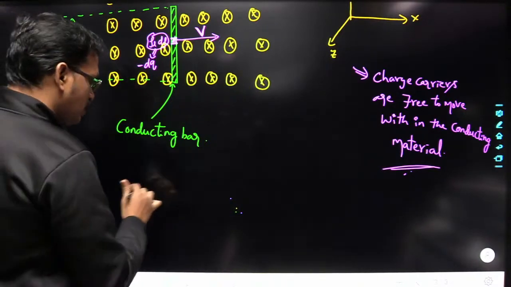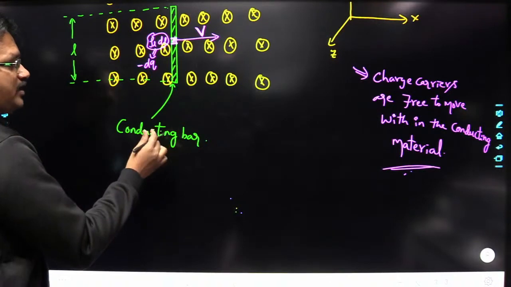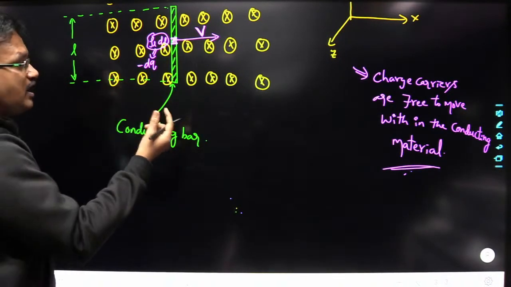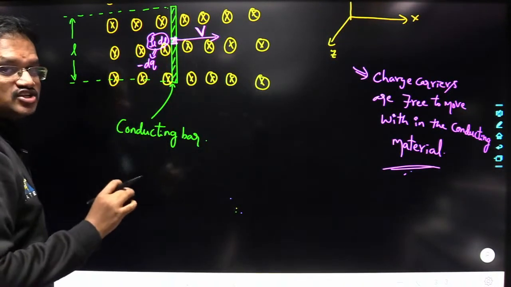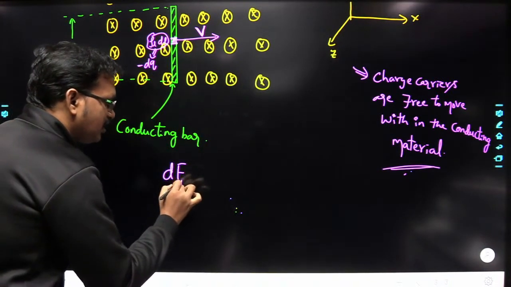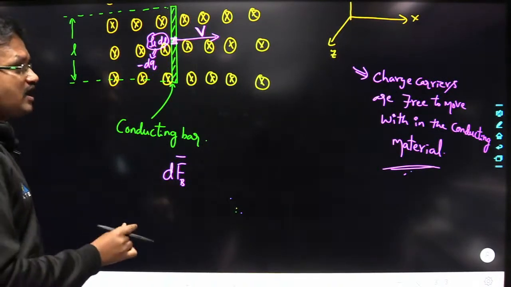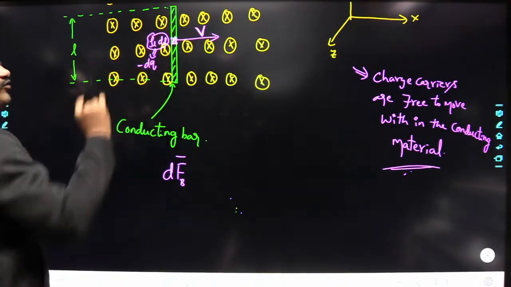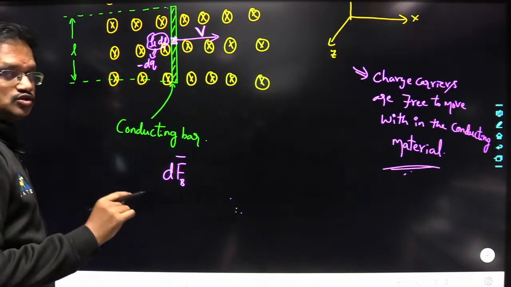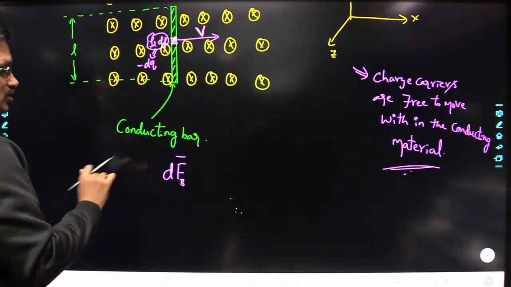What I am doing here is trying to determine the small differential force experienced by this small differential charge. That's why I am representing it with dF_B, a small differential magnetic force experienced by a small differential charge. Understood? That small differential charge is nothing but minus dq, right? Okay.